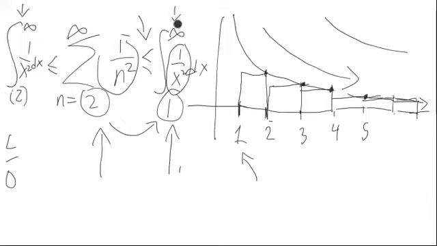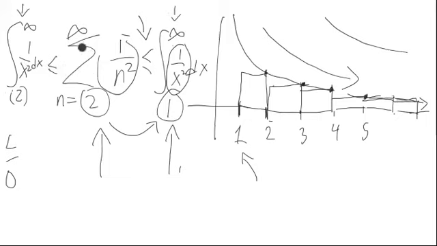So now, what if this guy diverges? Well, then this guy will diverge. And if this guy diverges, then this one will also diverge, because this will be bigger than an infinite area. So basically, if this converges or diverges, that means the same thing about this. Now, what about this? If the series converges, then this integral will have finite area, and this area is going to be less than a finite area, so it'll converge.